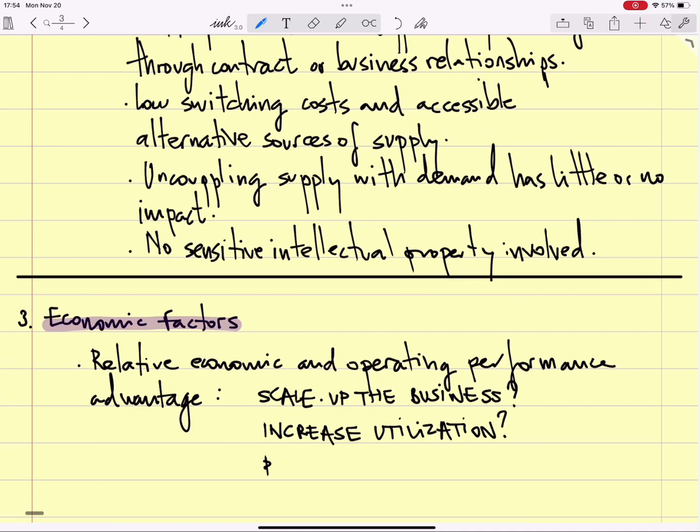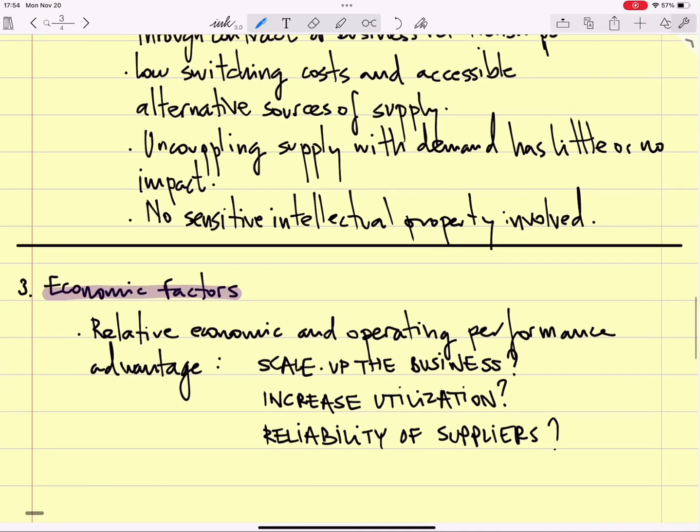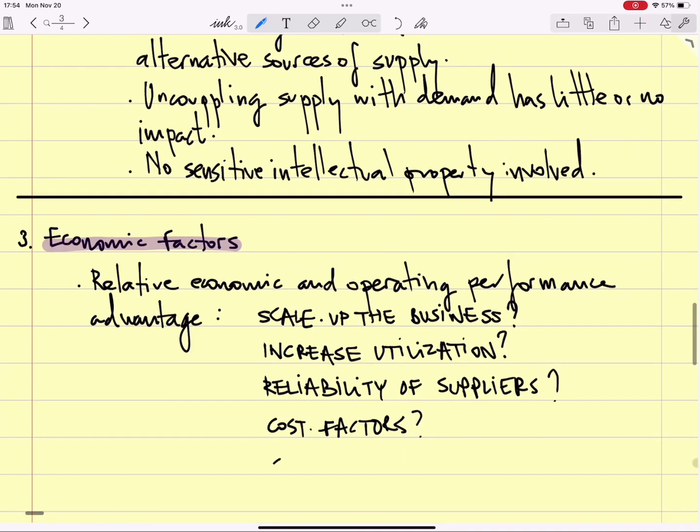Do you have reliability of suppliers you can trust your products with? Are there cost factors? Are there quality issues? All that stuff needs to be taken care of.